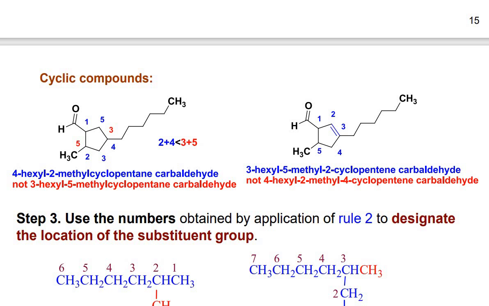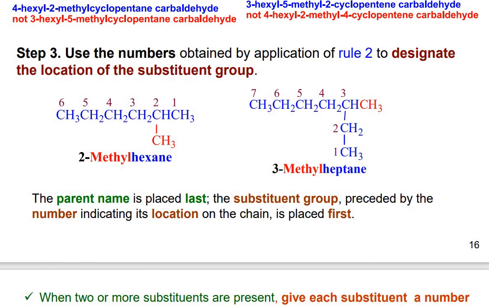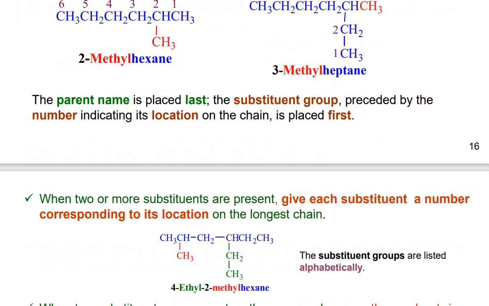What does it mean? So you can do step 3: use the numbers obtained by the application of rule 2 to designate the location of the substituent groups, 2-methylhexane and 3-methylheptane. The parent name is placed last, and the substituent group preceded by the number indicating its location on the chain is placed first.